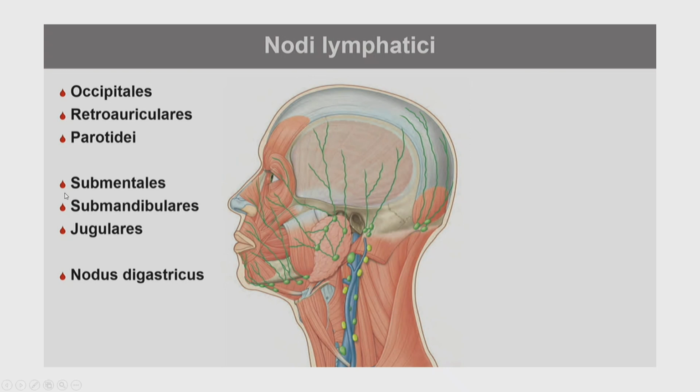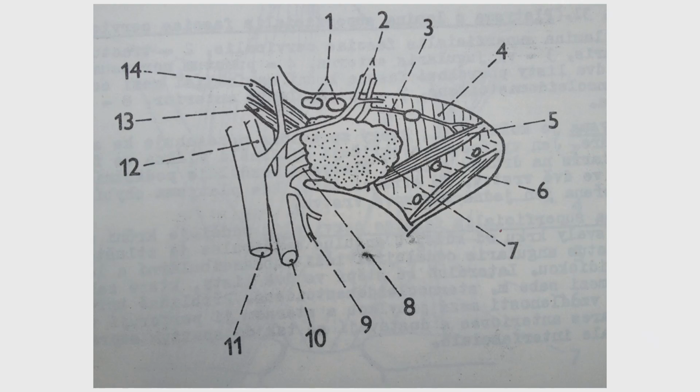Generally, they are called the jugular lymph nodes. So this is the first classification that you have to know.